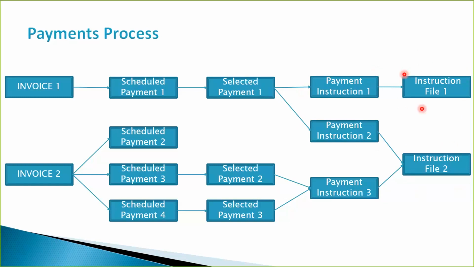That instruction file for electronic payment is something that goes straight electronically to the bank to instruct it to transfer these funds to whoever is listed in that instruction file. So that's the meaning of the instruction file, and that is a reason why we can have payments being grouped into a single instruction file, and so on.